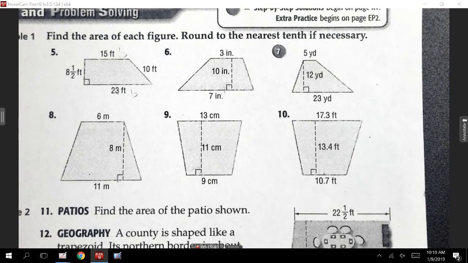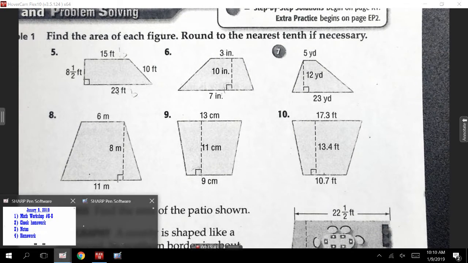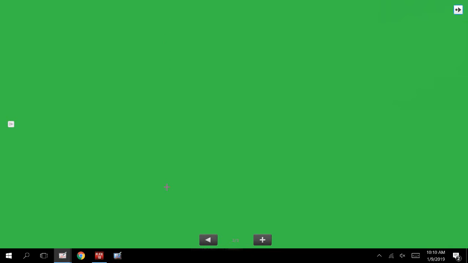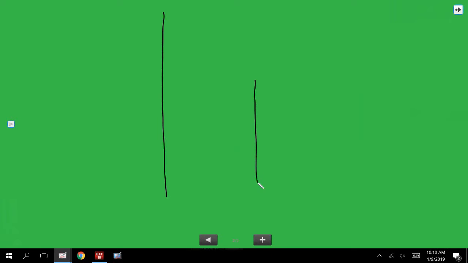Real quick, guys, and I should have mentioned this before, and I just now thought about it. If I had a trapezoid that looked like this, and my numbers said, I don't know, we'll do 10 inches, 7 inches, 6 inches, and 8 inches.